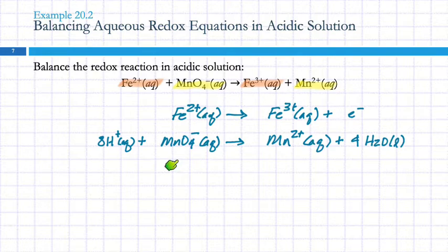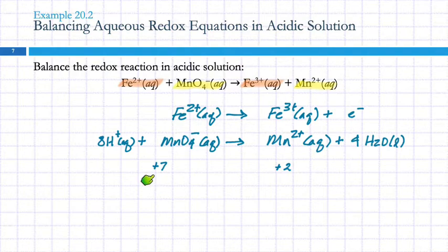And then down here it's a little more complicated. Here we have 8 positive charges and 1 negative charge. So what's that overall charge? +7. And over here, I've got a total of +2. So the difference between these is 5, right?